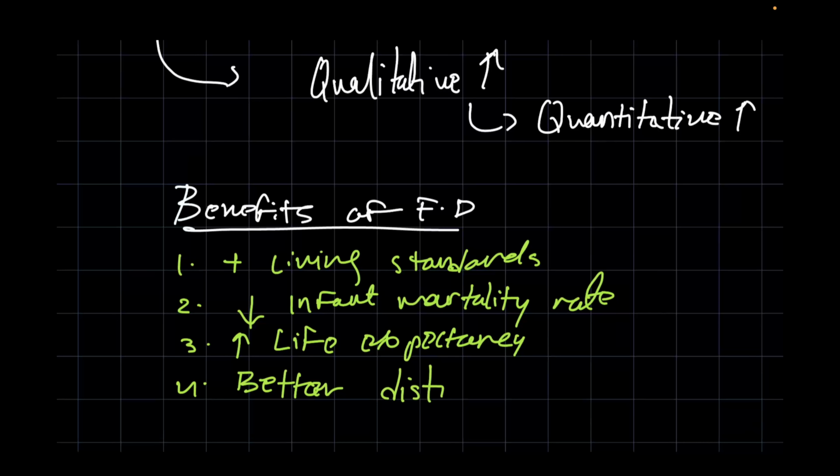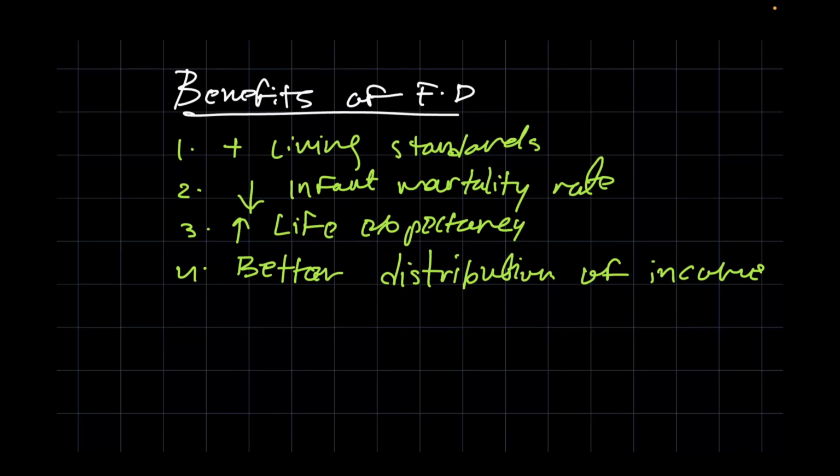Then you have better distribution of income. Whenever you have better distribution of income, it directly links to the next benefit. When more people have enough level of income, it does ensure that there is poverty reduction, not complete alleviation, but the level of poverty can decrease.